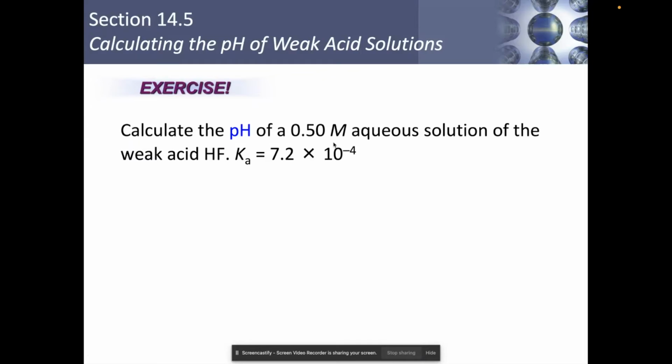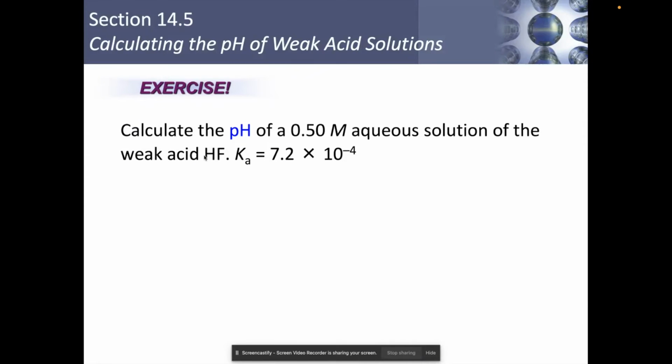So now let's actually go through and calculate the pH for one of these. I have 0.50 moles per liter of hydrofluoric acid. It gives me the Ka value. Hydrofluoric acid is incidentally not a strong acid.